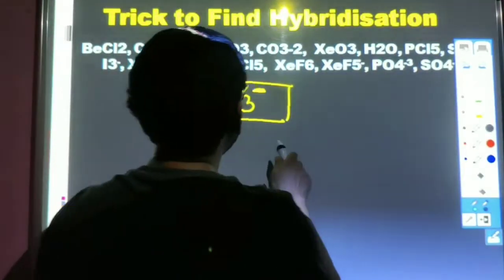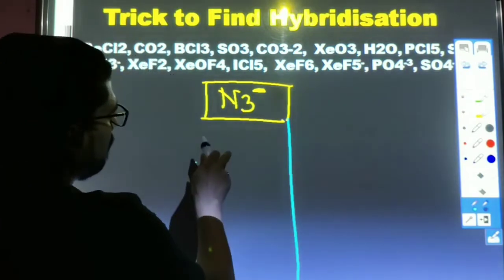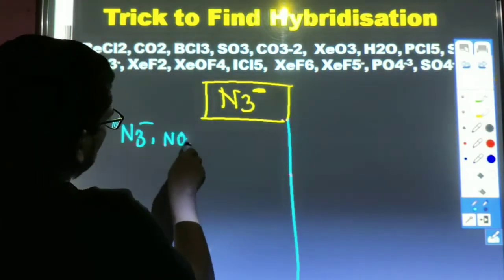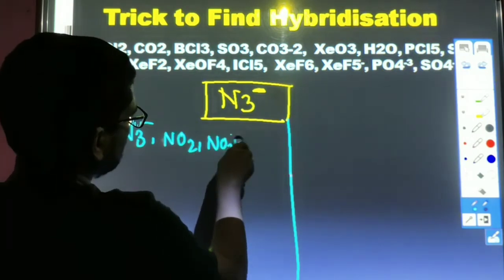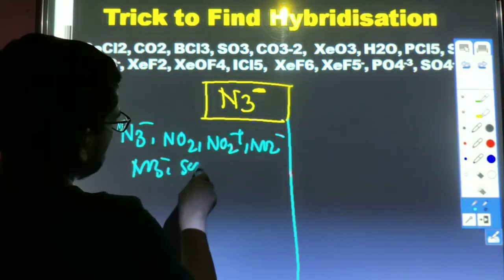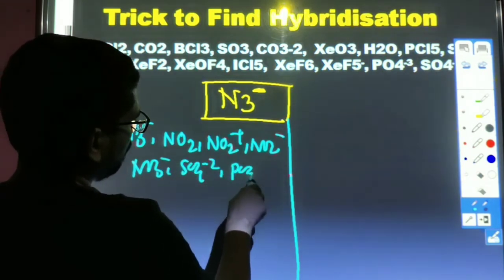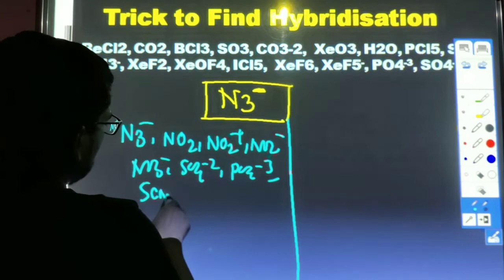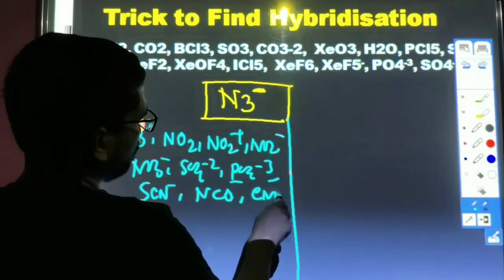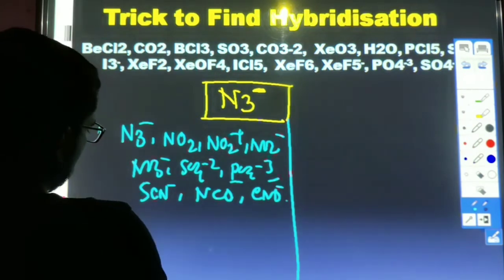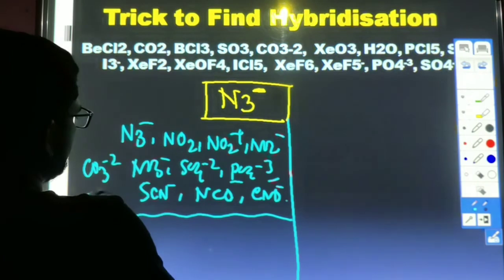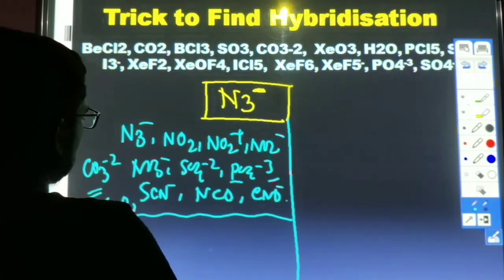I have made a video on the Lewis structure of so many molecules like NO2, NO3, NO2 plus, NO2 minus, NO3 minus, SO4 minus 2, PO4 minus 3, SCN minus, NCO minus, CNO minus, CO3 minus 2, N2O.